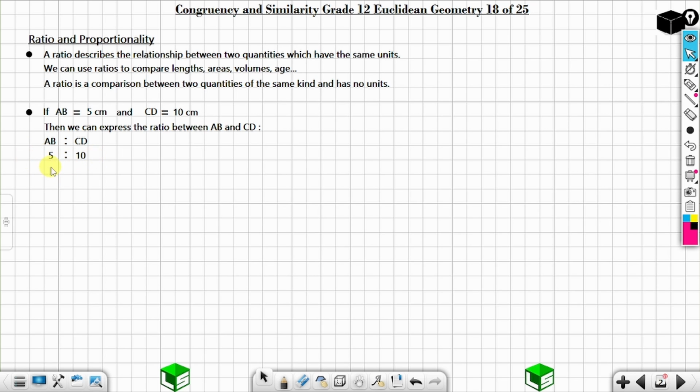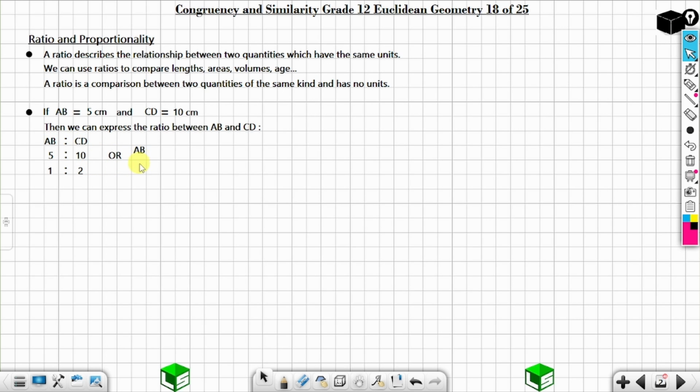You can carry on and simplify. 5 divided by 5 is 1, 10 divided by 5 is 2. So the ratio between AB and CD is 1 is to 2. You can also express the ratio as a fraction, okay?